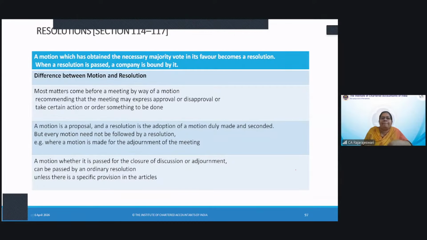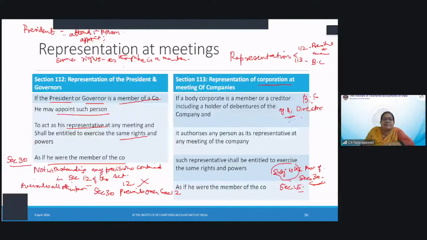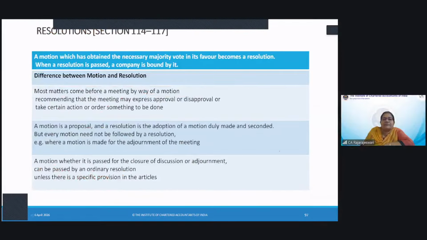Then, shall we proceed further? The next provision, resolutions. See, as a shareholder, I want some resolution to be passed.